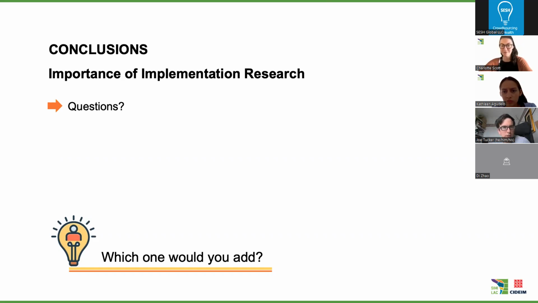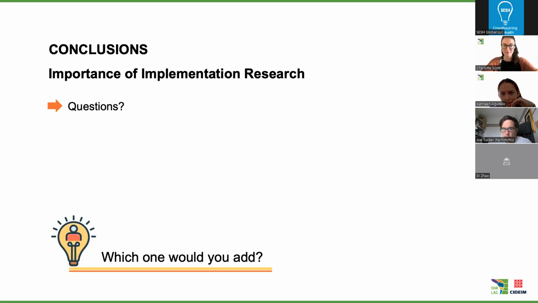It's basically another, larger way of thinking about organizing implementation research outcomes.